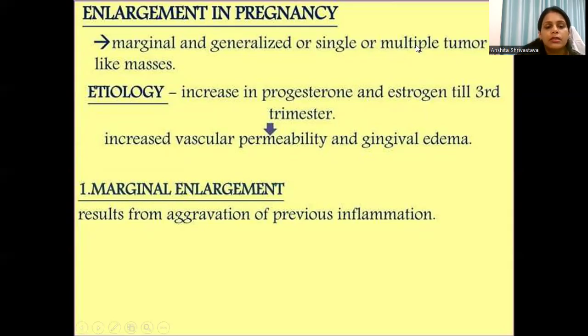So the main etiology is the increase in level of hormones responsible for the pregnancy, that is progesterone and estrogen, because of which vascular permeability is increased and gingival edema occurs. In pregnancy, you will see marginal enlargement, which results from aggravation of previous inflammation.